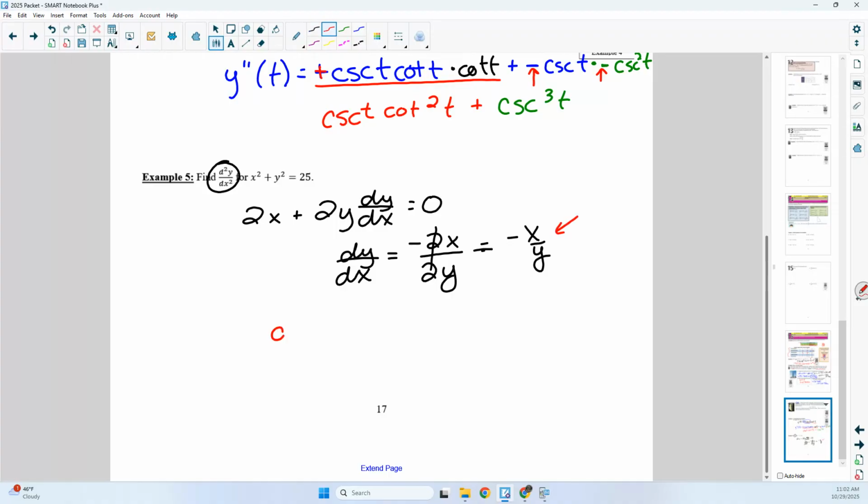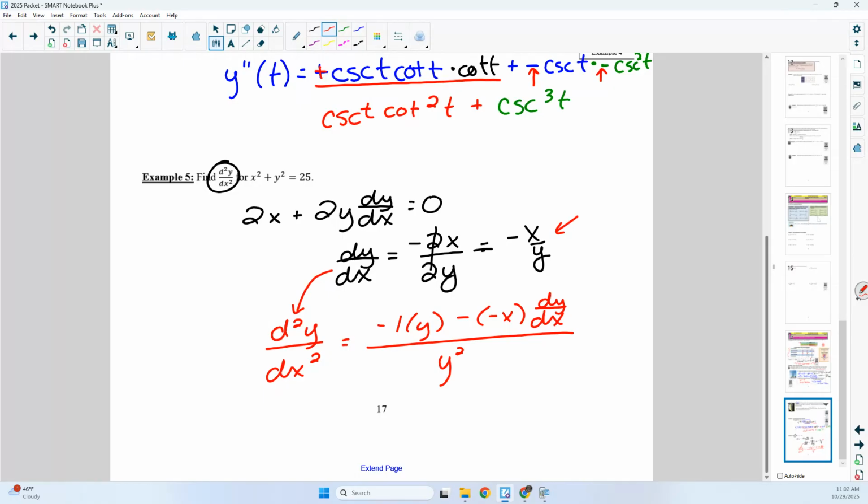So the second derivative, so we're taking the derivative of this side. The derivative of this side is going to be negative 1 times y minus negative x times dy dx, which is the derivative of y. In my denominator, I get the denominator squared, so I'm going to have a y squared.